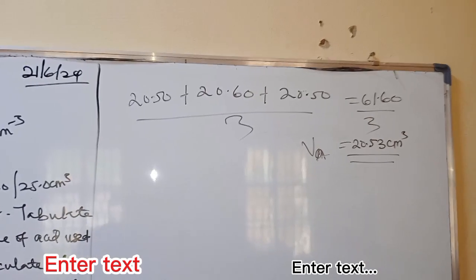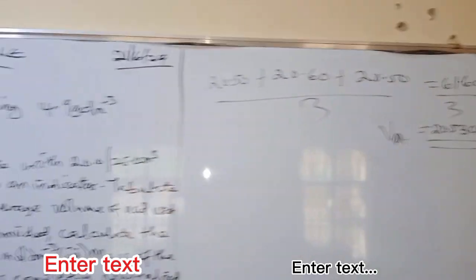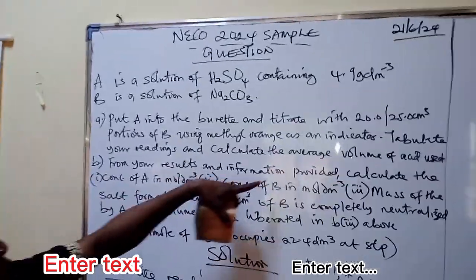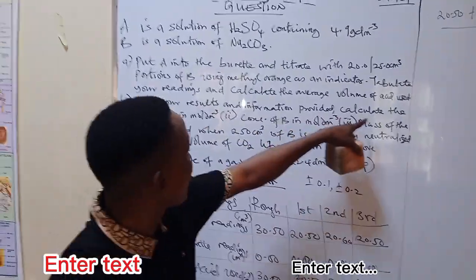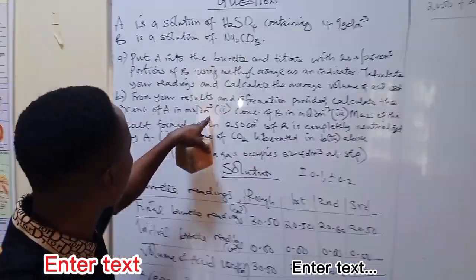Now, from the first question here, from your result and information provided, calculate the concentration of A in mole per dm cube.